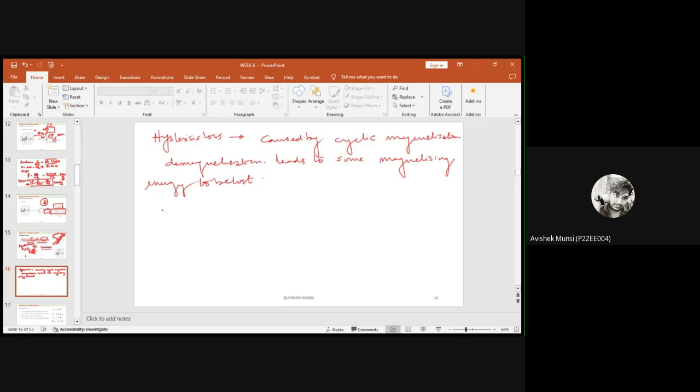Okay, so if this is the empirical formula for hysteresis loss, where this n is the Steinmetz constant.